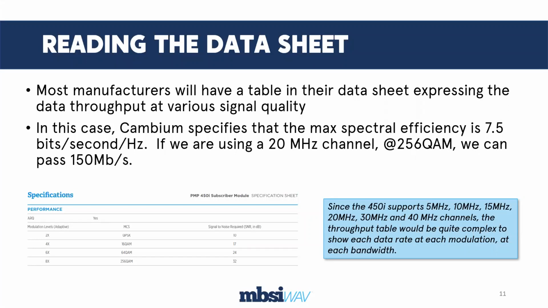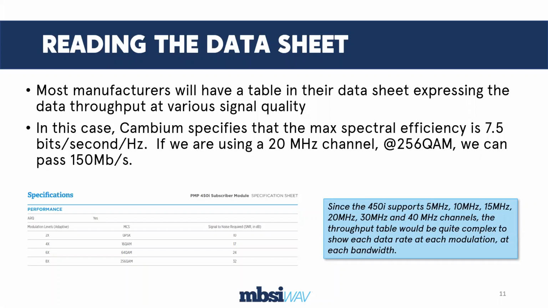I took a little piece of it, and we can see that we have QPSK, 16 QAM, 64, and 256 QAM, and we need 10 dB as a minimum of our signal above our noise to be able to decode that QPSK signal. Then as we go up in modulation complexity, we need more signal to noise ratio to be able to decode it.